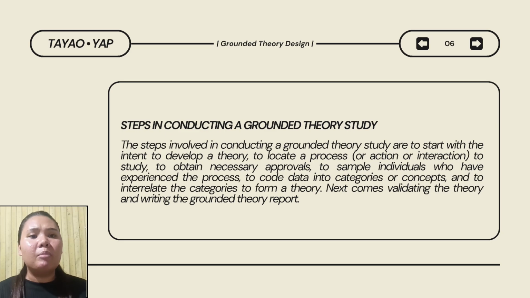In step number 1, decide if a grounded theory design best addresses the research problem. You are going to decide on a grounded theory design that you know is best suited to address or solve the research problem.